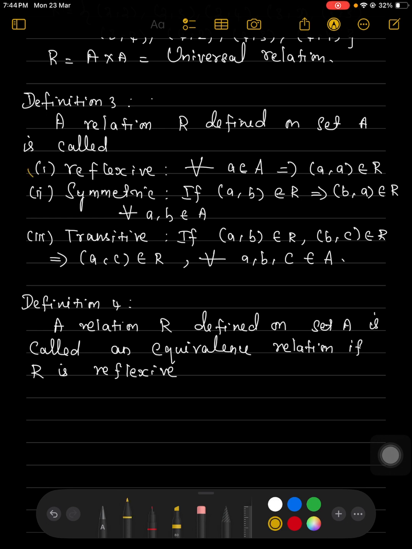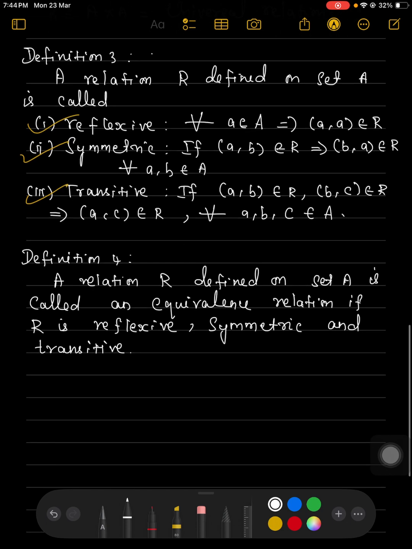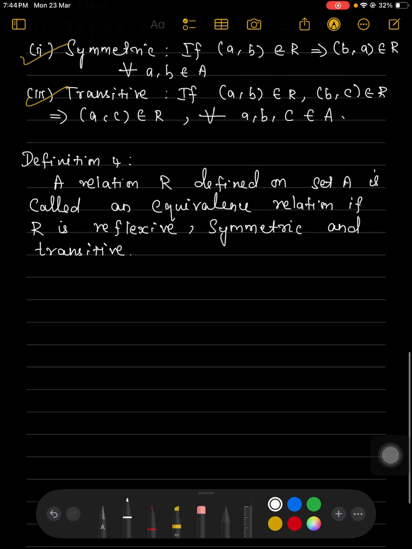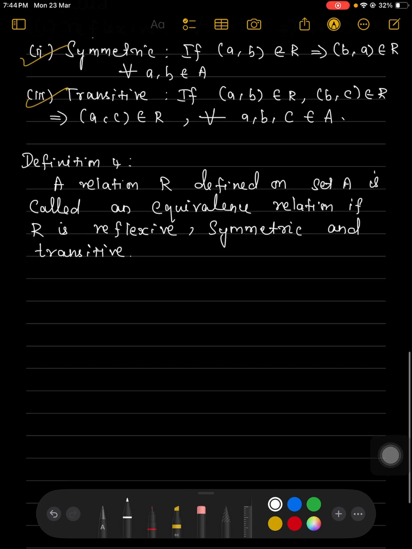If the relation is reflexive, symmetric and transitive, all 3 are a must. A relation which satisfies all the 3 conditions, we call it with the special name, an equivalence relation. This is all about the definitions that you study in relations and functions.